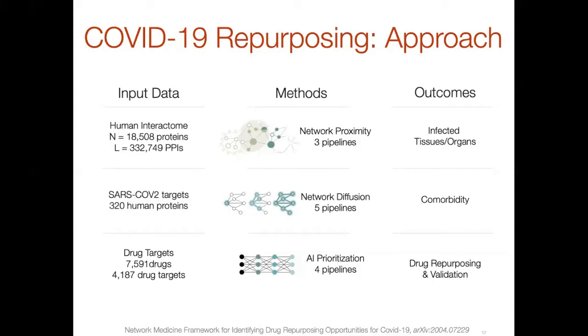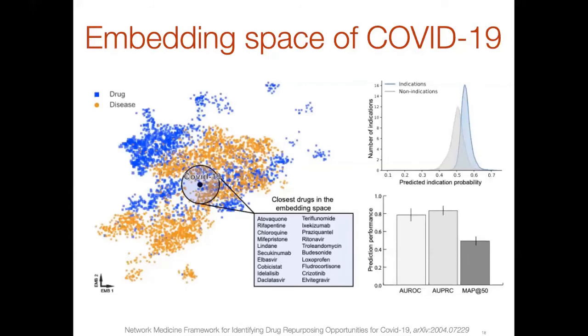We also considered methods based on random walks or diffusions, and also methodology based on graph neural networks, which is the method that I outlined before. All these different methods produced predictions that we then combined in order to come up with a ranked, or prioritized, list of drugs for COVID-19.